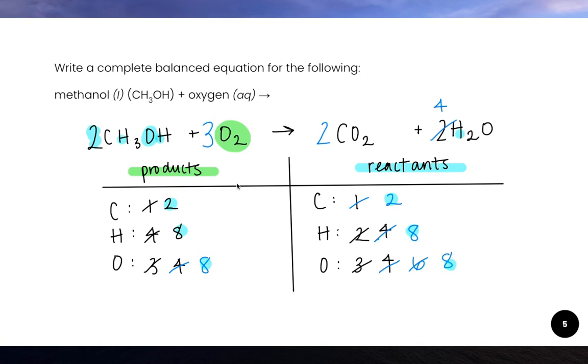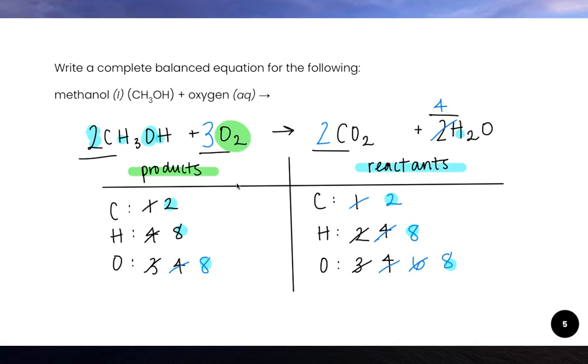Now, if you ever think that your coefficients are getting too big, there's an easy way to check and make sure that this is correct. You need to look at all of the coefficients. So we've got 2, 3, 2, and 4, and make sure that there is not one common denominator between them. Make sure they can't be reduced.